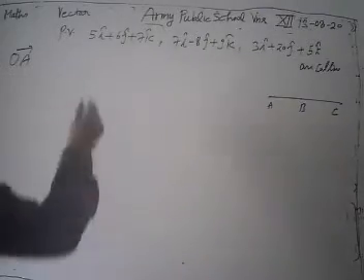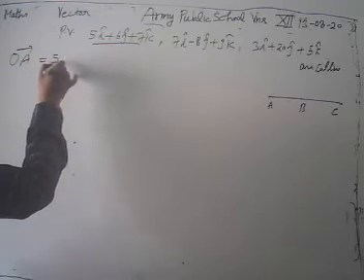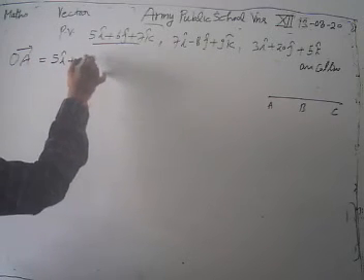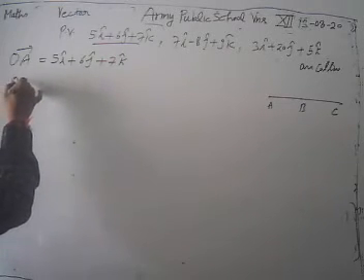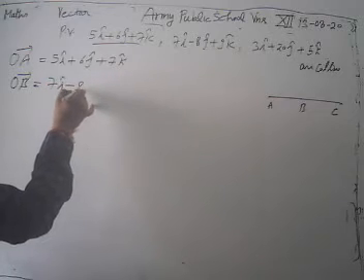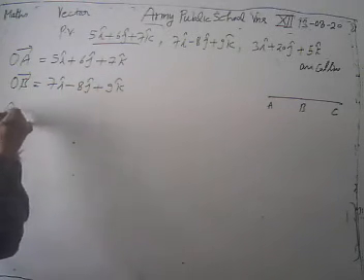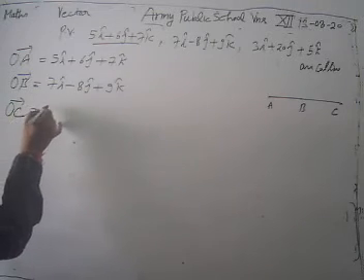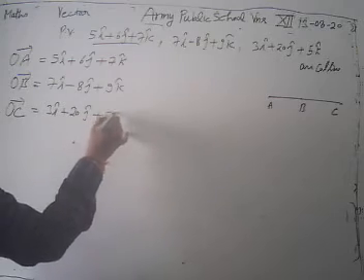With respect to the origin, OA is 5 i cap plus 6 j cap plus 7 k cap. Similarly, vector OB is 7 i cap minus 8 j cap plus 9 k cap, and vector OC is 3 i cap plus 20 j cap plus 5 k cap.